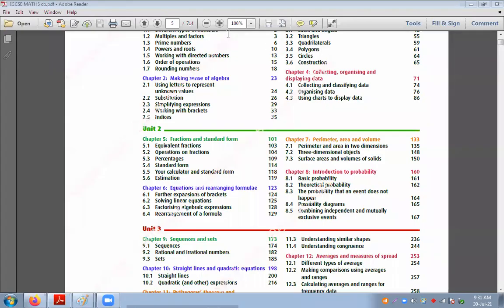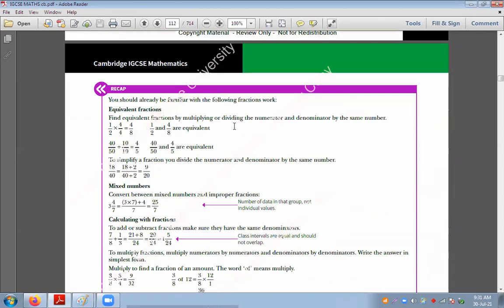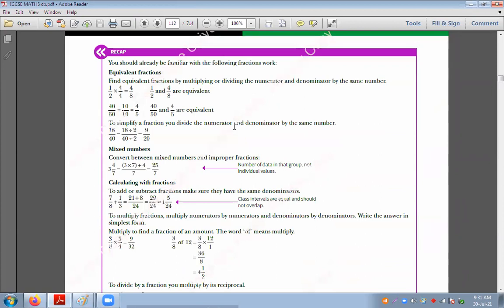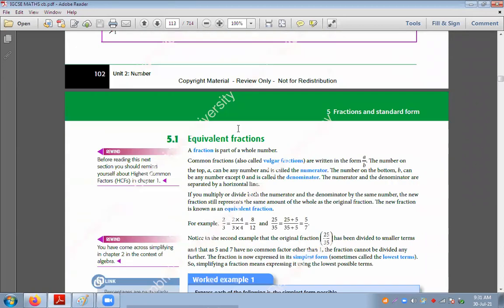So page number 101. Fraction and standard form. Already you know from your junior classes what is an equivalent fraction, what is a mixed fraction, and how to convert mixed fractions to improper fractions, and how to find percentage.